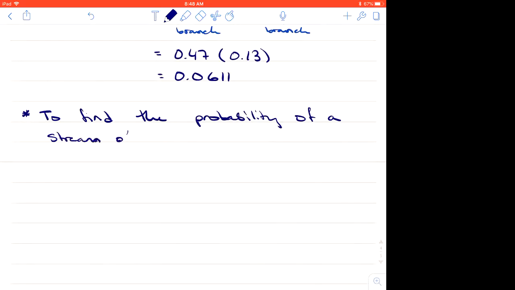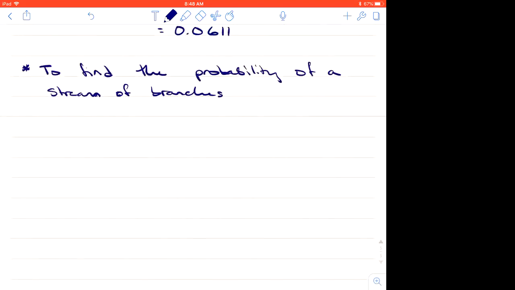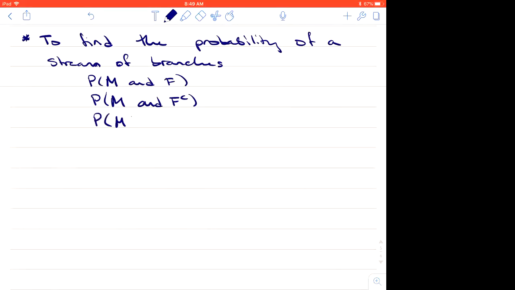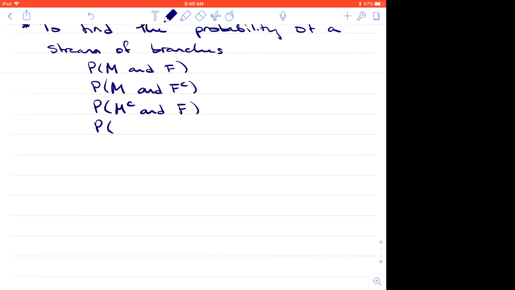A stream of branches, right? For example, the probability of M and F, the probability of M and not F, probability of not M and F, and the probability of not M and not F, right? Those are all our possible streams that we could take going down our tree diagram.